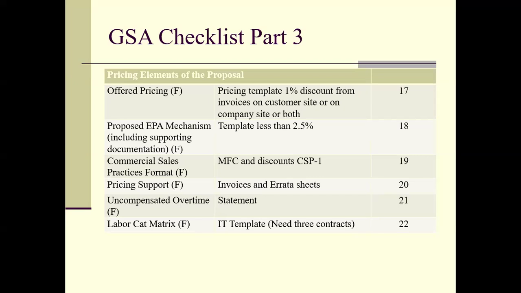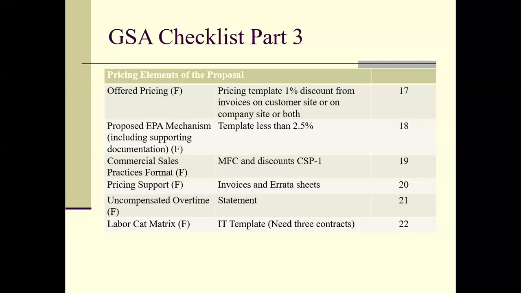And you have to have your commercial sales practice. That's called a CSP1. That says what SIN you're going for, what your revenue in the last year has been, and what you anticipate getting in terms of awards associated with your contract.